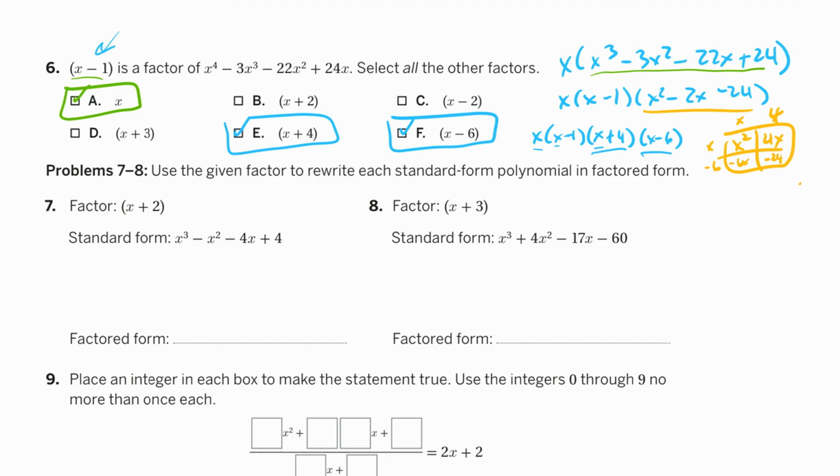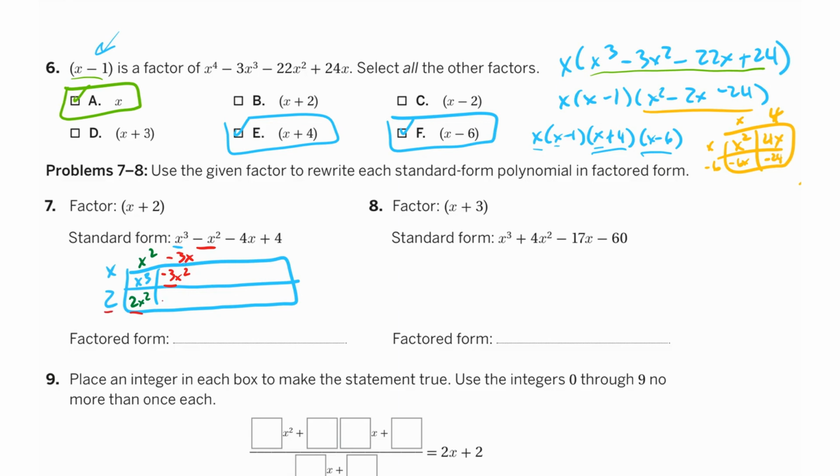So in this one here, x plus 2 has to go on the outside for factored form. First term, first box is x cubed. Then this has to be x squared to get 2x squared here. These 2 terms have to add to negative x squared, so that has to be negative 3x squared, meaning that has to be negative 3x.